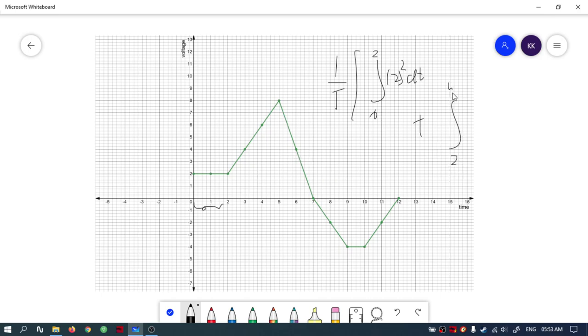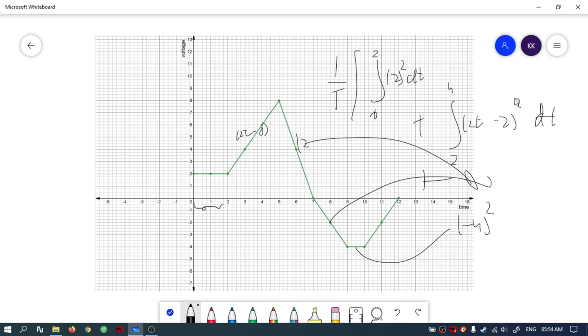So from 2 to 4, this line was 2t minus 2, so simply (2t minus 2) whole squared dt, and perform the same calculation we did before to get the line equation, and add the line part here. Also, this is directly the value here, which is minus 4 whole squared. Don't forget to square it every time, and you'll get the RMS value.